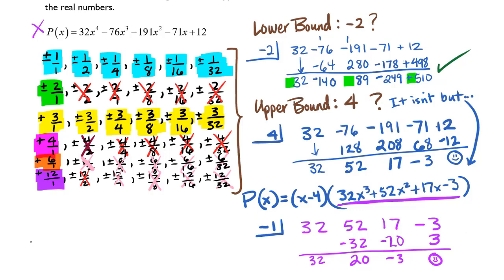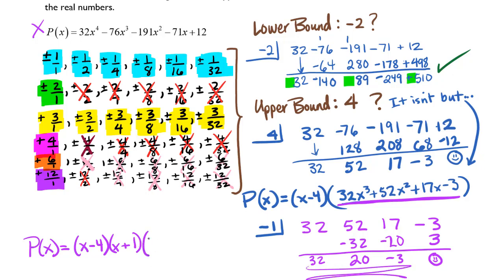Notice that at this point we could write our polynomial p of x is equal to x minus 4 times x plus 1 times the remainder right here, 32x squared plus 20x minus 3.